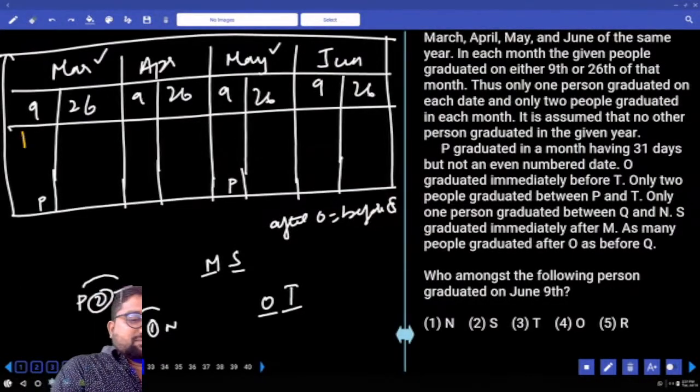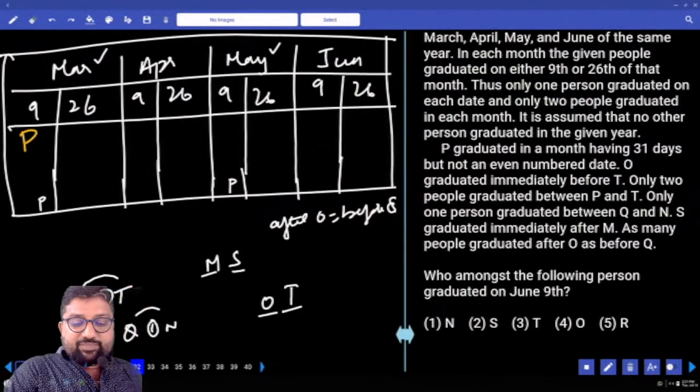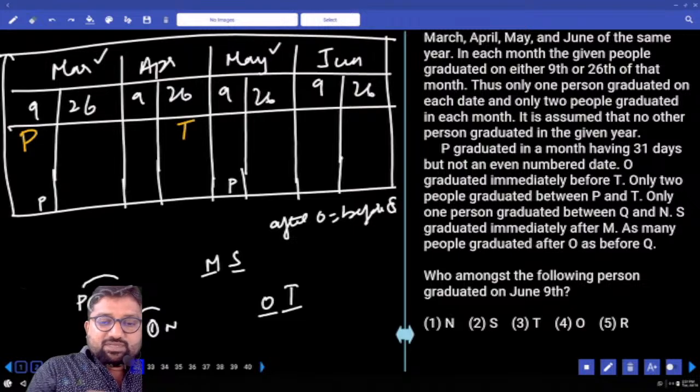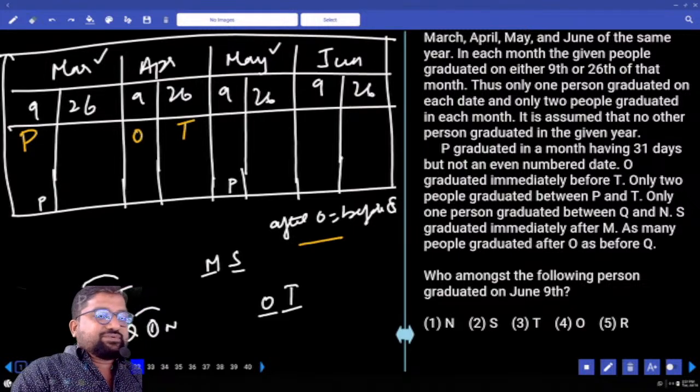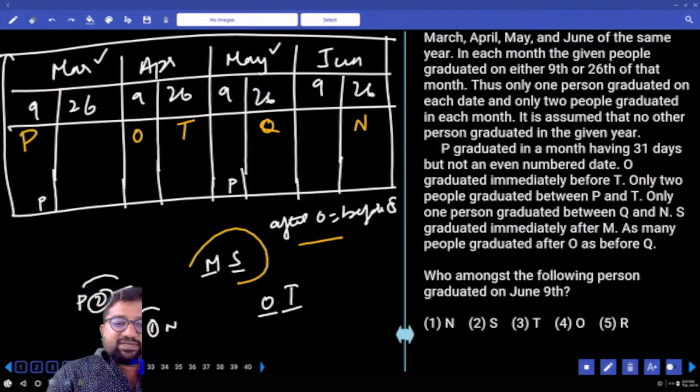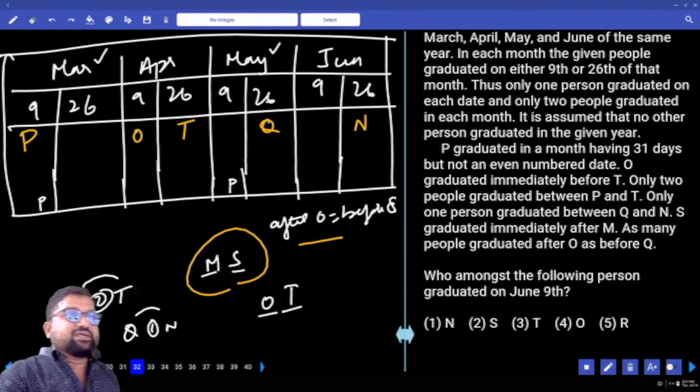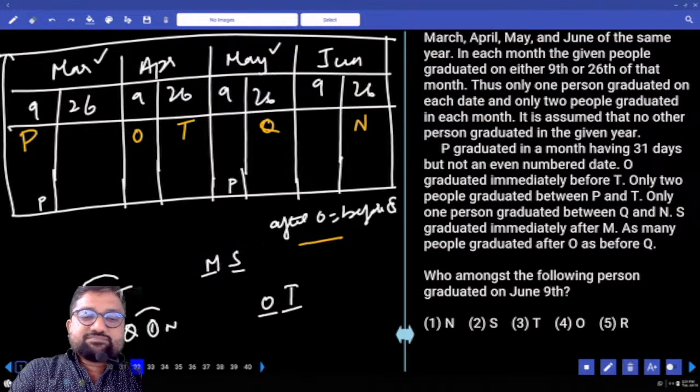No other option. Start with P. How many people between P and T? Who is immediately before T? O. Before O, after Q. What is O's position? Third from left. Q's position? Third from right. 1 person between. Where is the place for M and S? They are immediate kada? Chance unda?